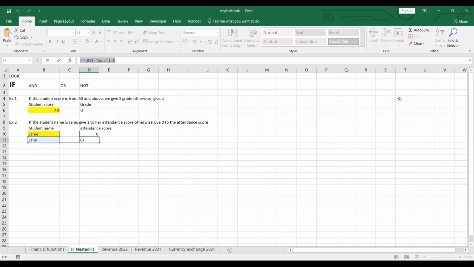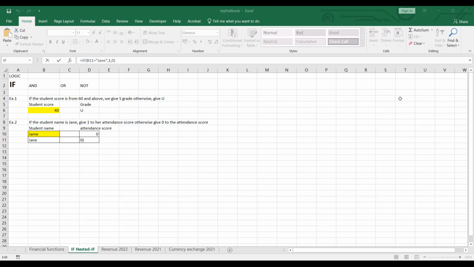When you use this function for a while, you'll be familiar with typing the function by yourself, rather than using the insert function box to help you, because whenever the condition is more complicated, using the insert function button can be confusing. So that's why we may just type the function by ourselves.